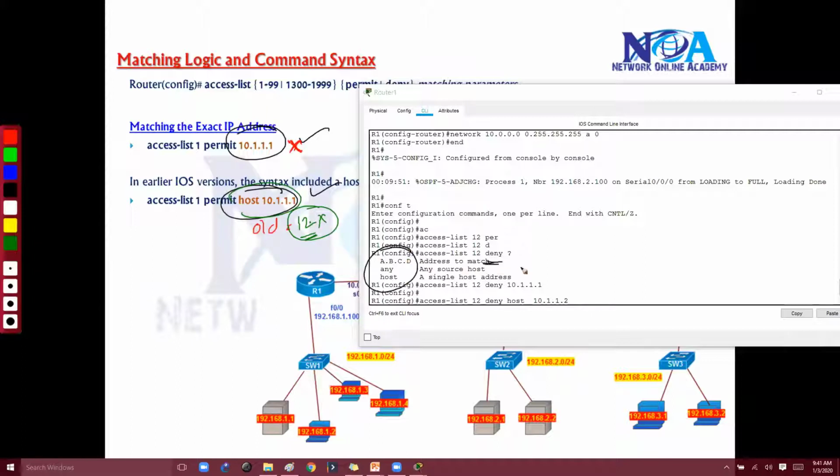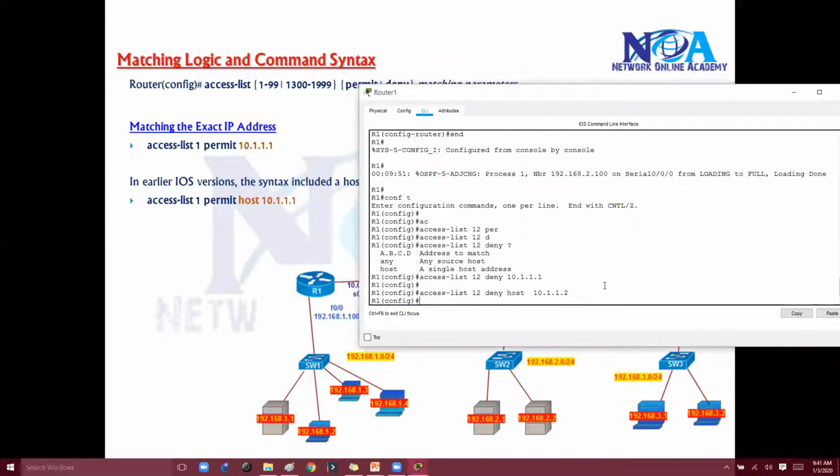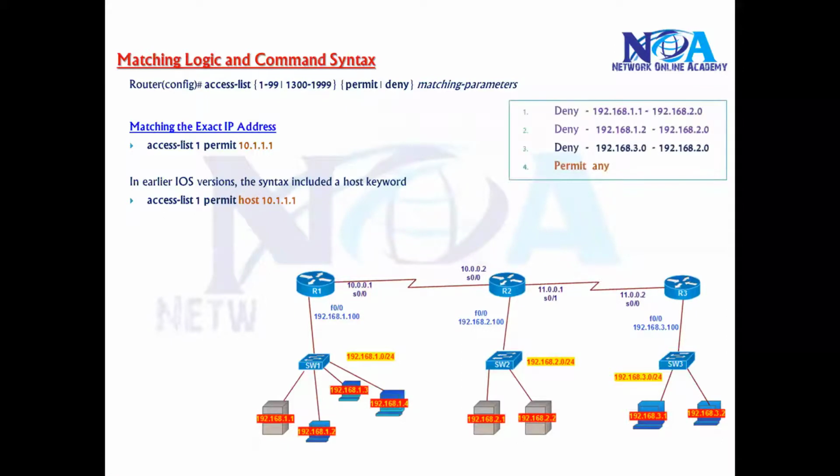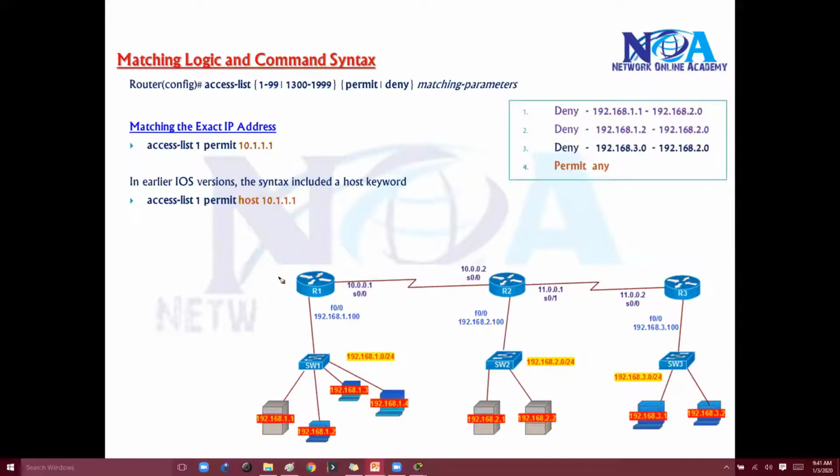Again, use the question mark. When I say question mark, you will find the options here. So even if you write host space IP address, that is also correct. So this is how we match one single host. In our example, we need to specify host, right? So we write like this. We'll see this example again.